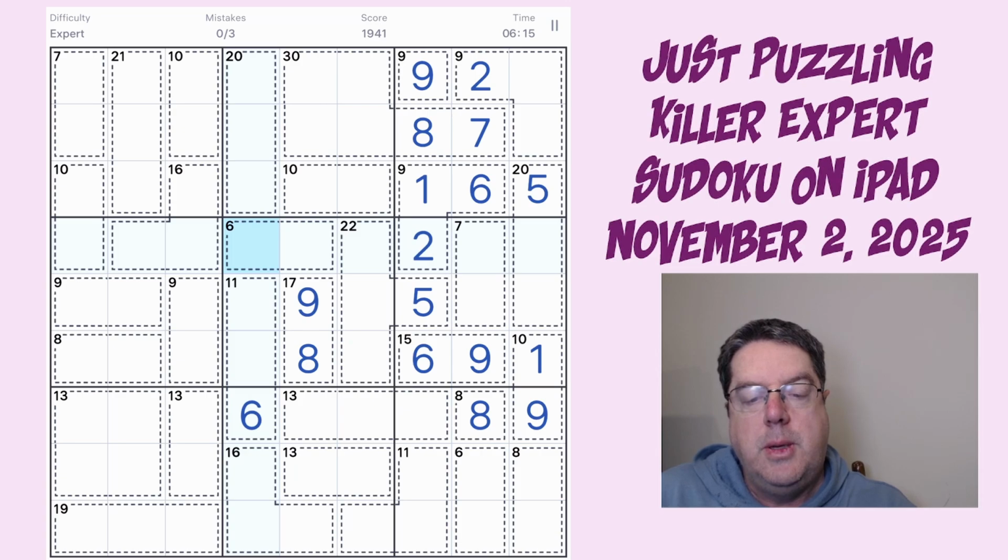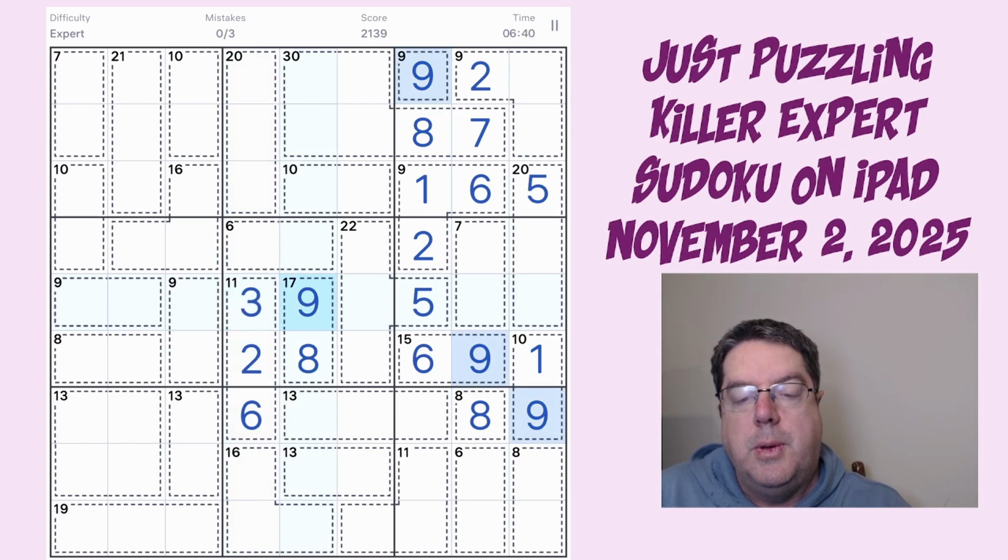So this can be 2 and 3, or 1 and 4. And because of this here, this is 1 and 5, so this has got to be 2 and 3. Alright. 1, 6, so this is 3 and 5 here, which means that has to be a 2, this has to be a 3.